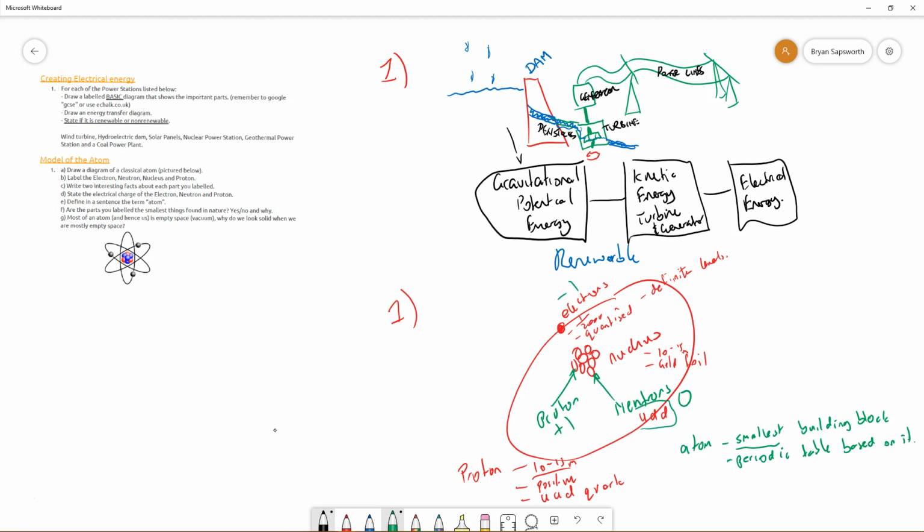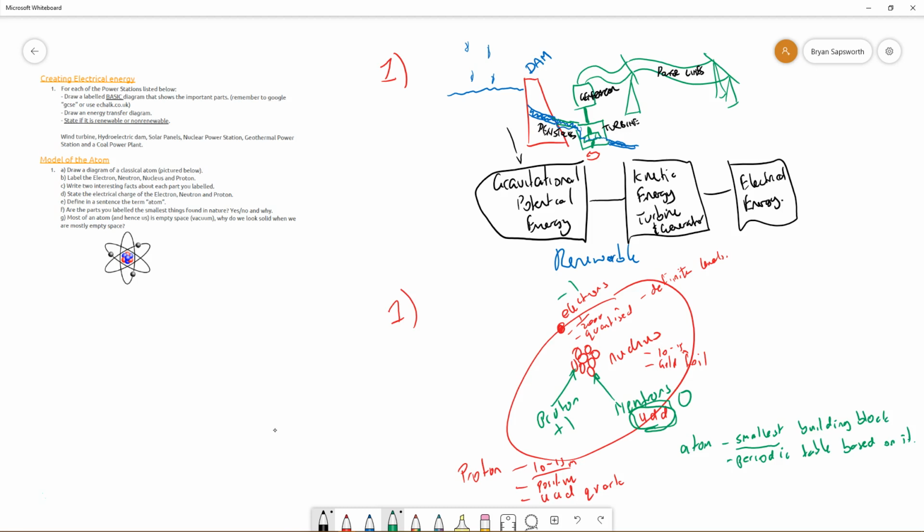We don't talk about quarks in terms of what the materials are and so on, so it's not a common usage except for particle physics. Is it the smallest thing found in nature? No, because there's quarks, neutrinos, mesons, muons, there's a whole lot of different types of particles.